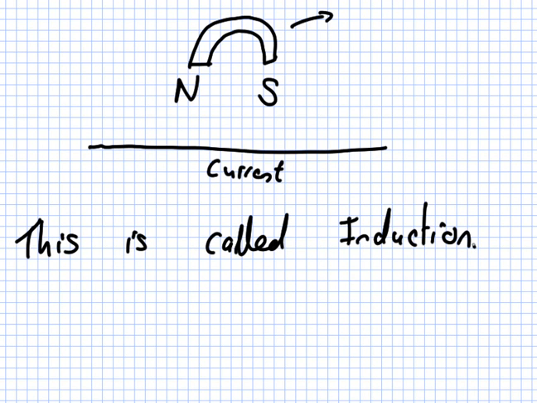Now, maybe I can draw something here. Can you scroll down? Okay, so here's our conductor, and here's our magnetic field, just like this. This is the magnetic field at the beginning.